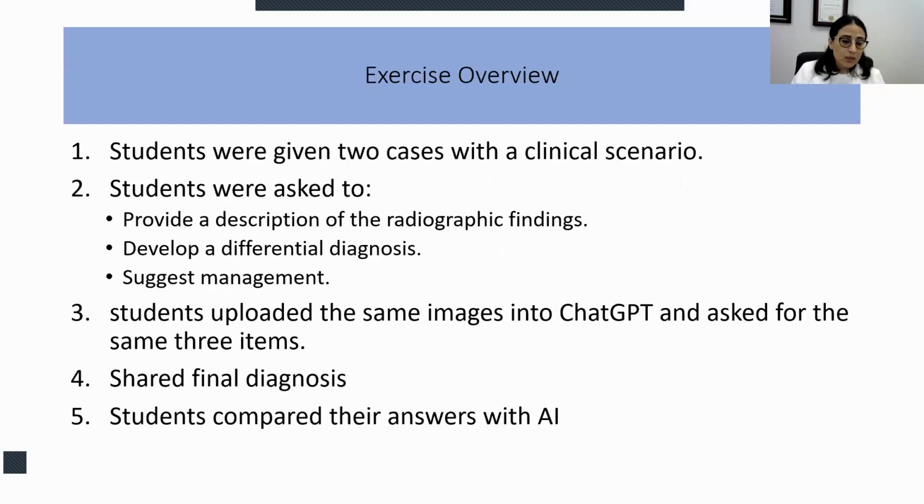For this exercise, I prepared two cases, two radiographs of different types of images, with a clinical scenario, and gave these two cases to our students. I asked them to first look at the image and describe the lesion.